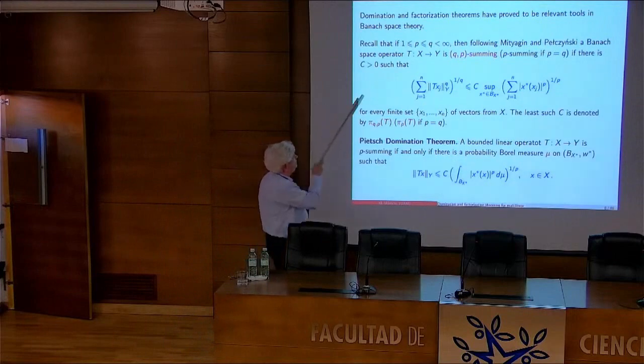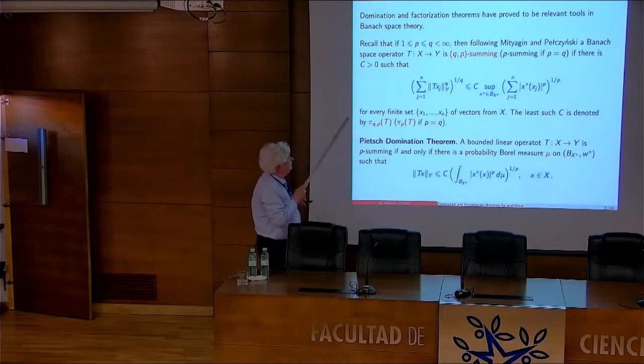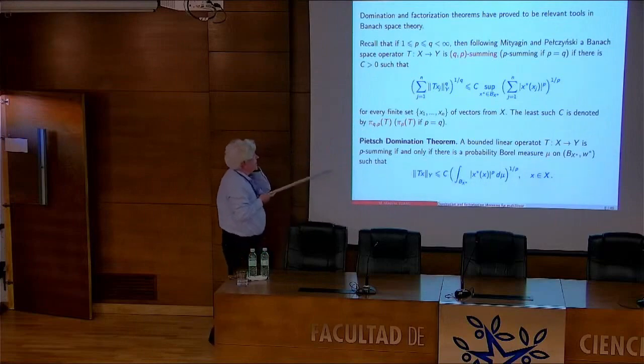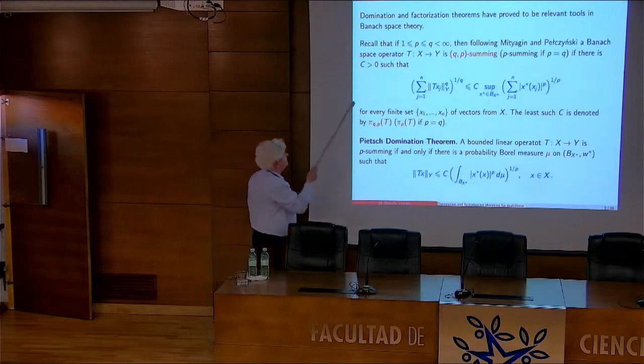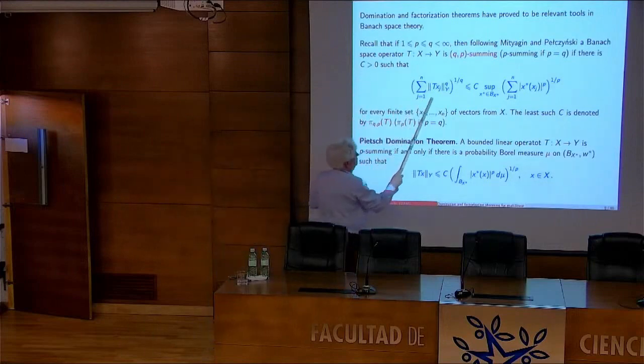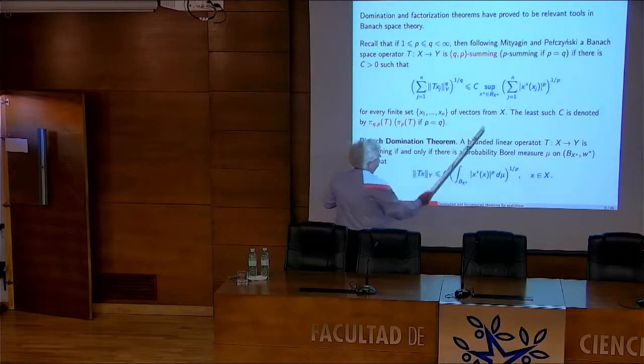If we have p and q between 1 and infinity, p less than or equal to q, Mityagin and Pełczyński in their paper in Studia gave the definition of (q,p)-summing for a bounded linear operator whenever there is a universal constant such that for any finite set of elements in our domain, we have the following estimation.